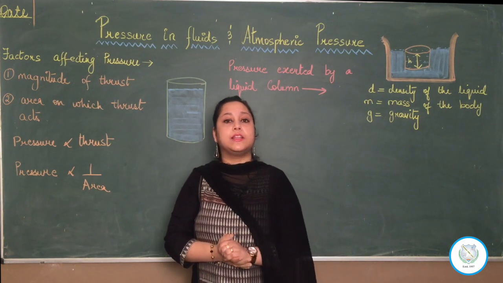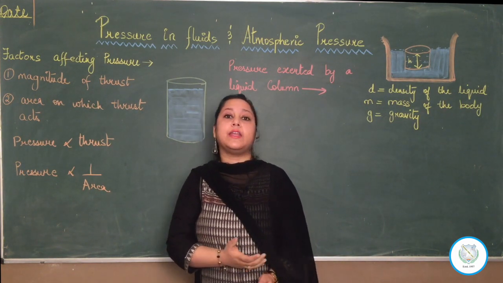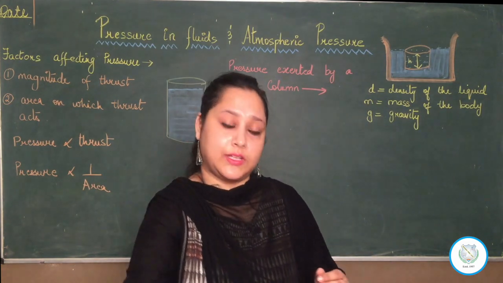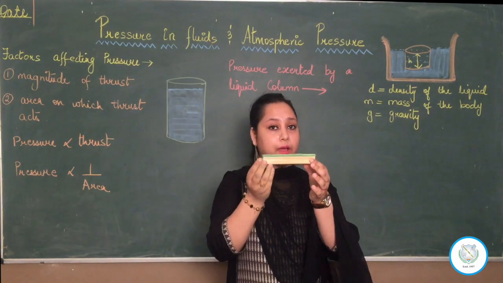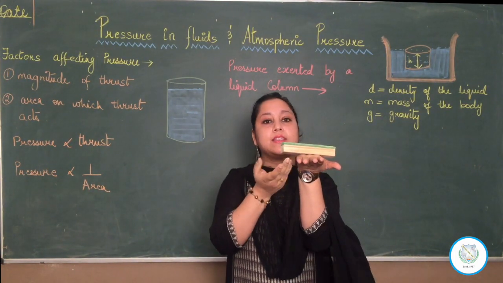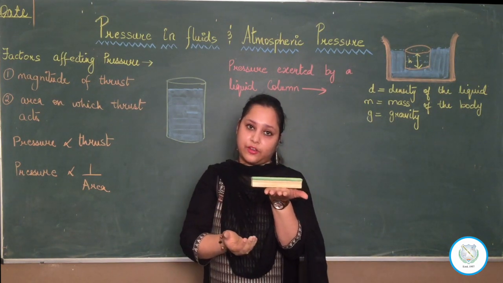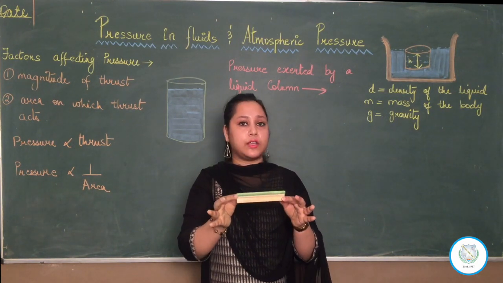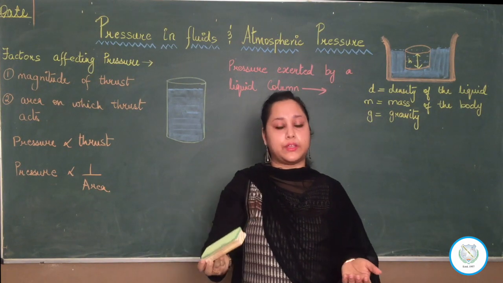First of all, the difference between pressure applied in fluids and pressure applied in solids is that when pressure is applied by a solid, it will only be at its base, that is the weight that acts downwards, right? So the pressure applied by any solid object, to be precise, will always be in the downward direction, that is the weight.